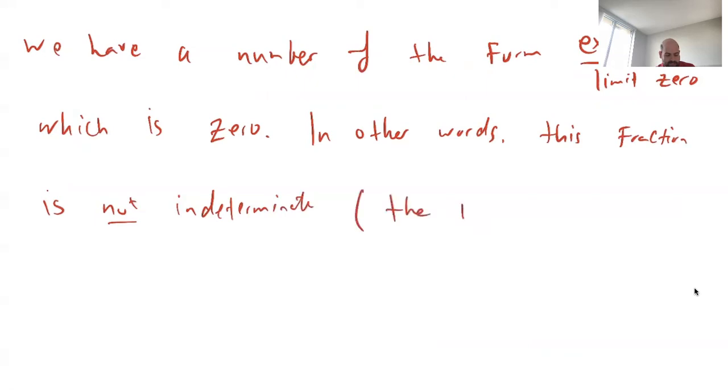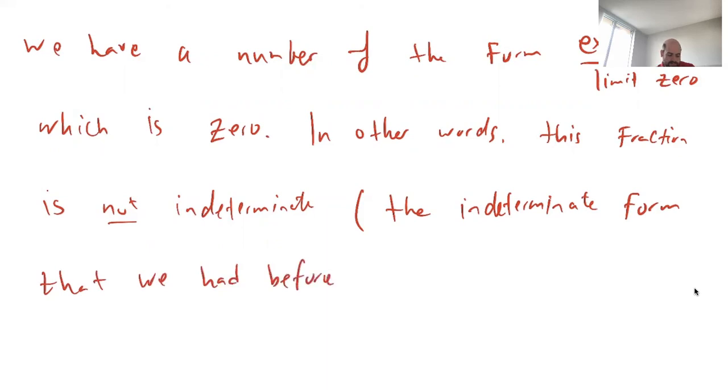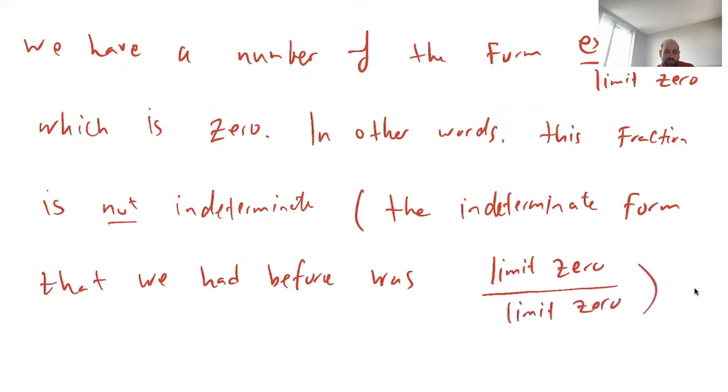The indeterminate form that we had before was limit 0 over limit 0, and then that's indeterminate, and the answer could be anything.